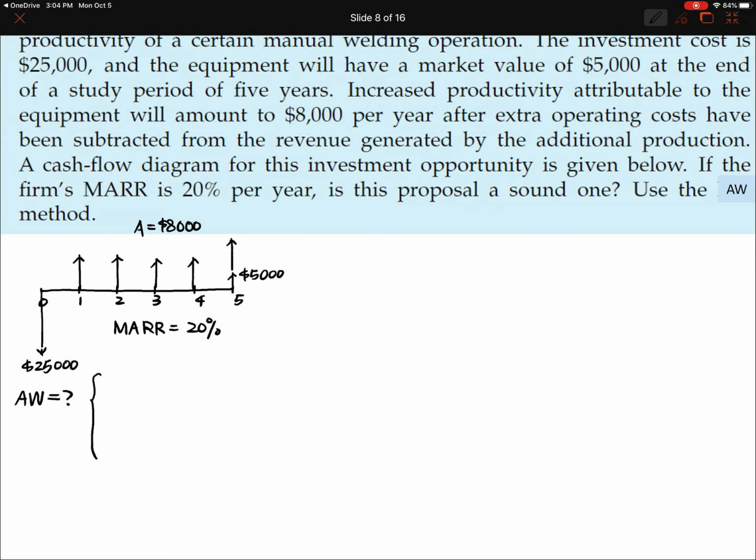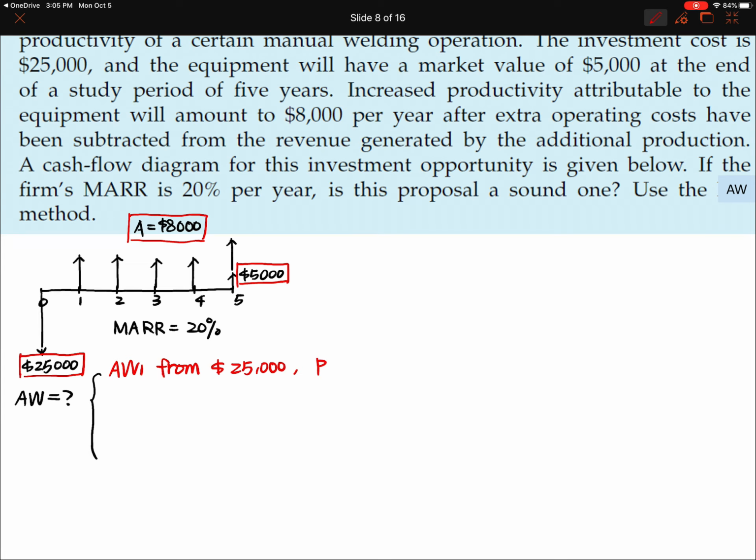Now we need to convert every cash flow to annuities. So what is the AW? We know that AW comes from 3 parts. First, you need to convert this 25,000 present value to annuities. The second part is this annuity, which is already annuities, so you don't have to convert it; you just copy it. And the third part is this 5,000, which is a future value; you want to spread it to every year.